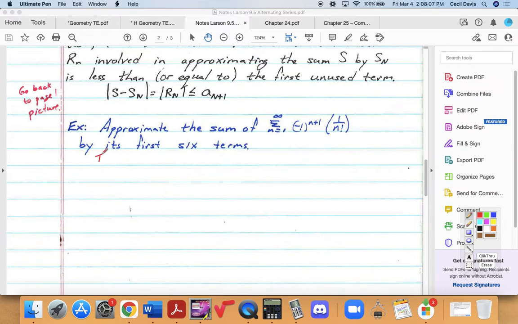So either the terms of the alternating series decrease in absolute value to 0, so the series converges.